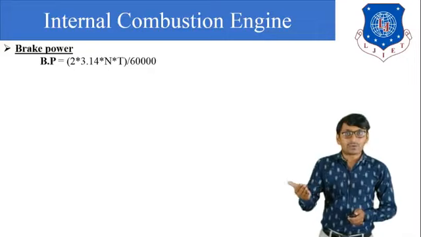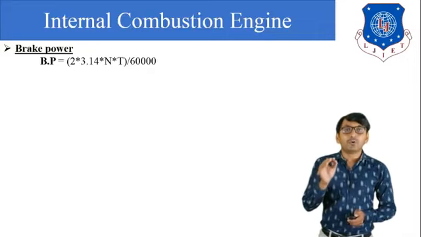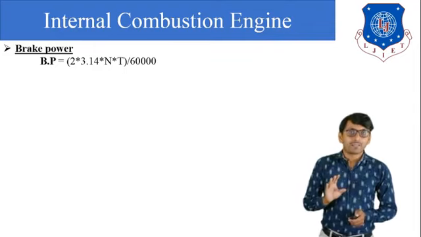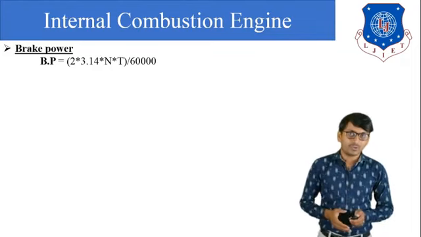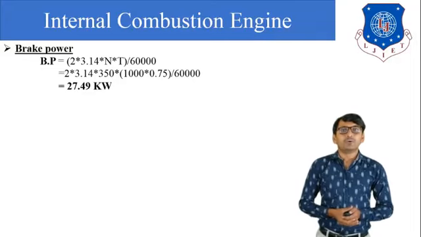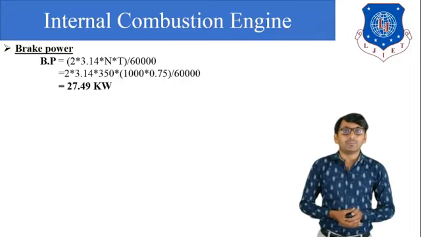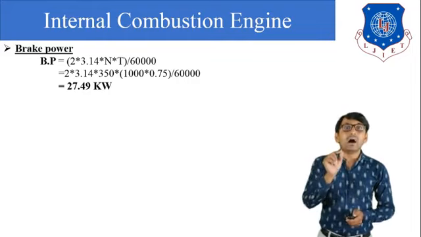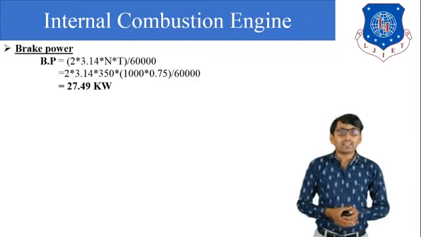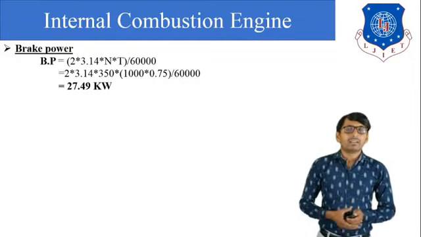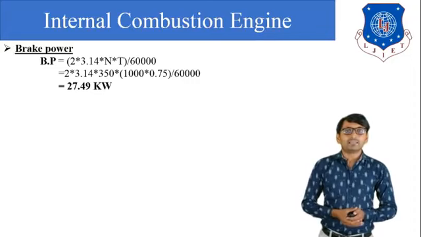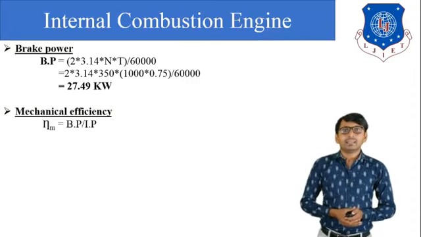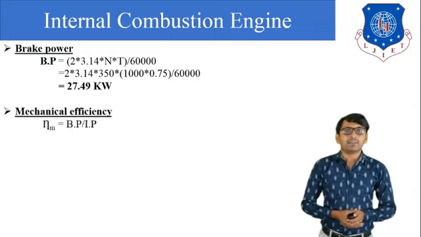If torque is not directly given in the example, then the formula of torque is F into R effective, F net load into effective radius. So 2 into 3.14 into capital N 350 into T. In place of T, there is F into R effective. So 1000 into 0.75 divided by 60,000. So 27.49 kilowatt.